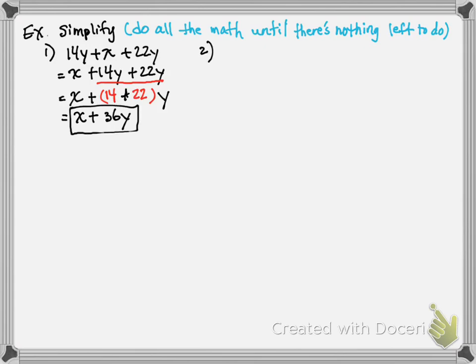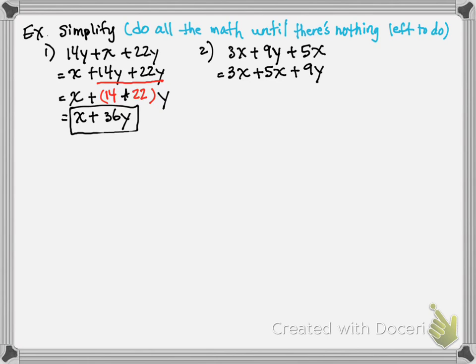Second one, we've got 3x plus 9y plus 5x. So what do I have that are like terms? X's. So I'm going to use the commutative property to switch the order so that my x's are next to each other, and the y at the end, because it's alphabetical order with the variables.